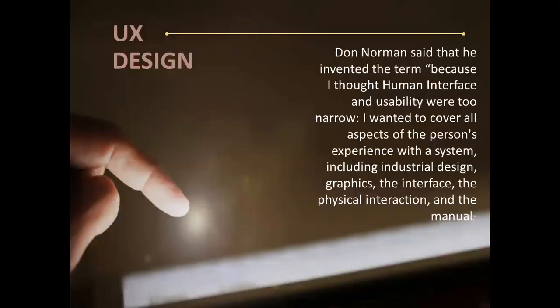Don Norman said that he invented the term because he thought human interface and usability were too narrow. He wanted to cover all aspects of the person's experience with a system, including industrial design, graphics, the interface, the physical interaction, and the manual. So it's like he's the creator of the UX design.